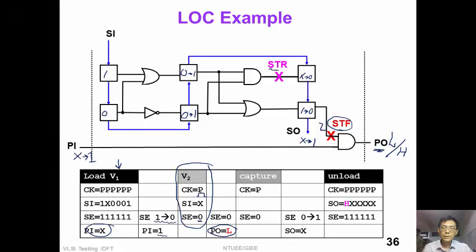To detect this pink slow to rise fault, we will need to capture the response from the logic. Therefore, we pulse another clock. At this time, scan enable is still 0. So we capture the response from the circuit. The good response should be logic 1.